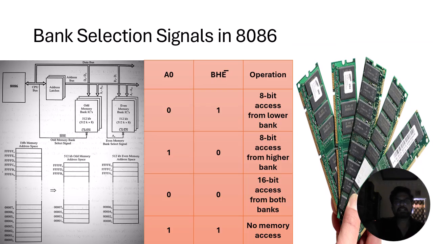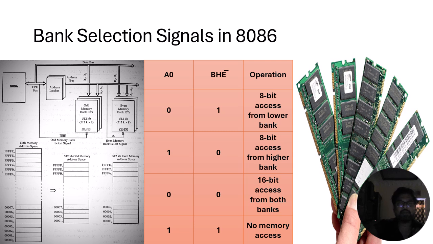The 8086 uses two signals to control the memory banks. A0 equal to 0 selects the lower bank. When A0 is equal to 1, the lower bank is not selected. BHE bar, that is bus high enable, is an active low signal. When BHE is equal to 0, the higher bank is selected. When BHE is 1, the higher bank is not selected.